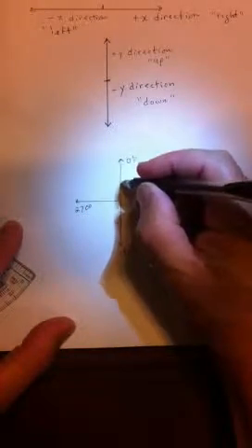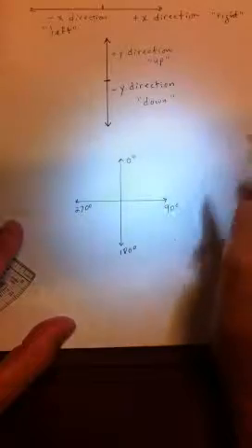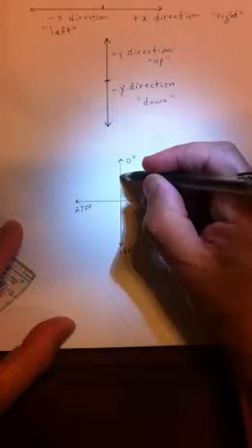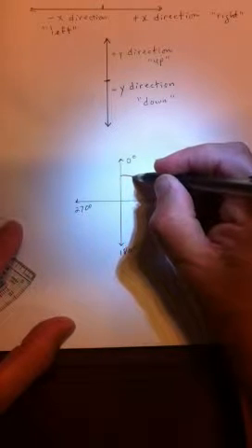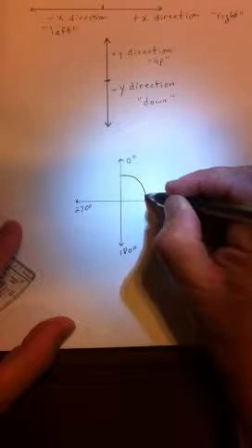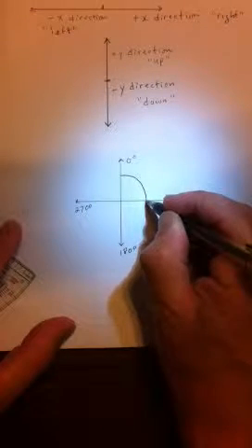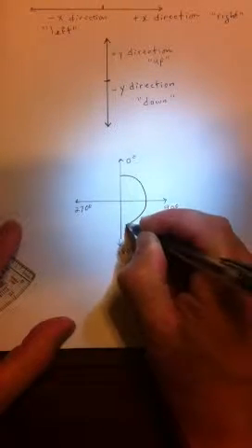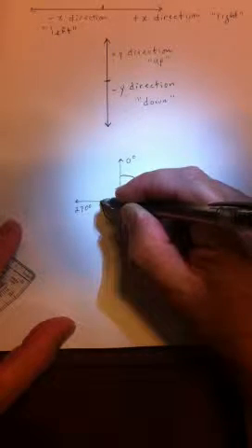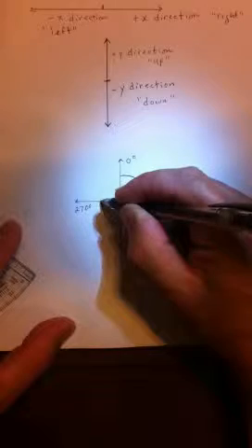So if we were to begin at the positive y-axis, moving to the right, the angle is measured with a protractor, and the angle increases to 45 degrees, and then 90 degrees, and so on, all the way around the circle, eventually coming to 360 degrees, or back to 0 again.